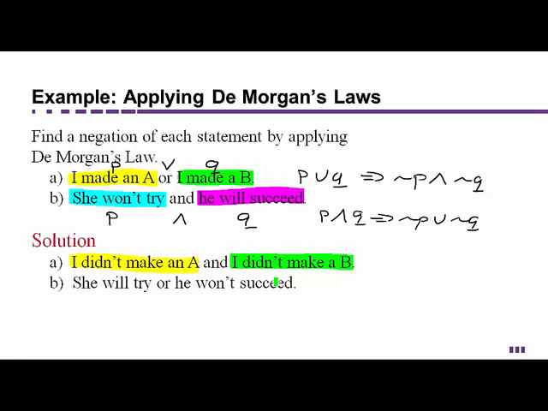You see how we're always negating the verbiage? Made an A to didn't make, won't try to will try. So you're always negating the verb and not the adjective. And then, of course, in this last one, the and became an or. All right, so that's all we need to know on how to use truth tables to help us figure out equivalent statements and negating things.